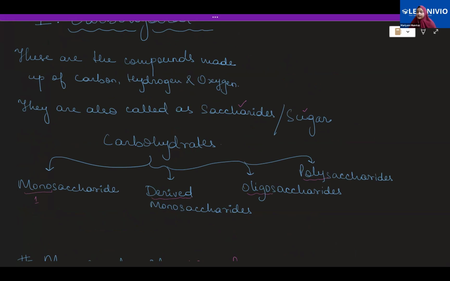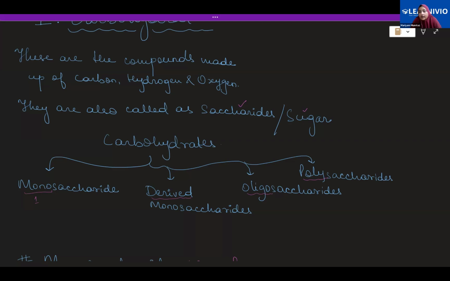A polymer is a very big molecule, which is made up of several monomers. Monomers are like the building blocks. The building blocks come together and make the whole entire structure. So the whole entire structure becomes the polymer. Poly means many. Mono means one. Understood? So the constituents of a polymer are called monomers.